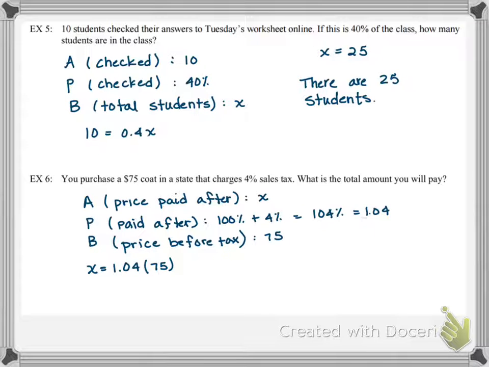At least somebody's checking. I feel like you guys might take my word for it if I just throw it out there. So what that tells us is the total price that I have to pay for this coat is $78.